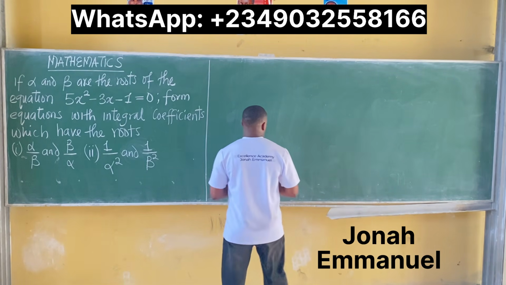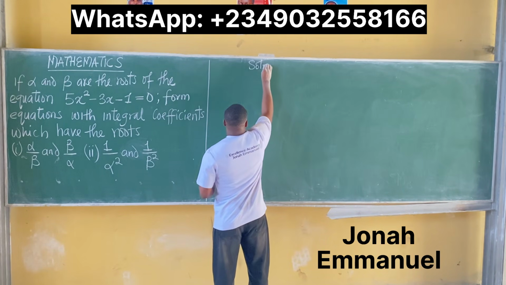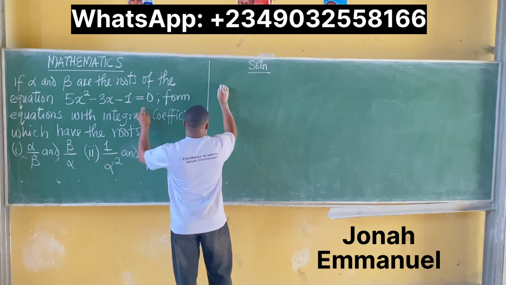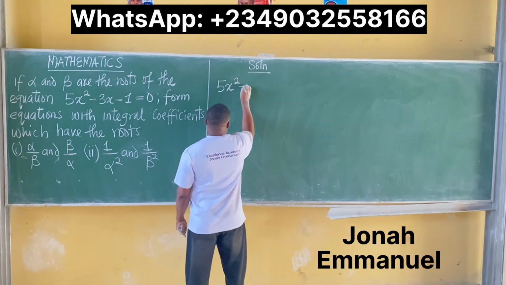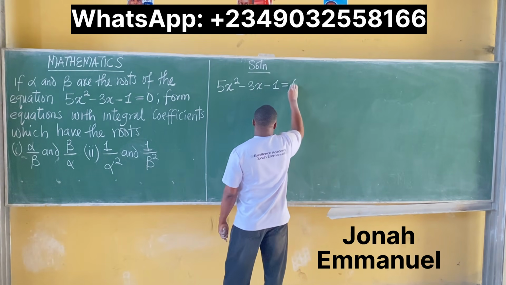First things first, solution. The given quadratic equation is 5x squared minus 3x minus 1 equal to 0.